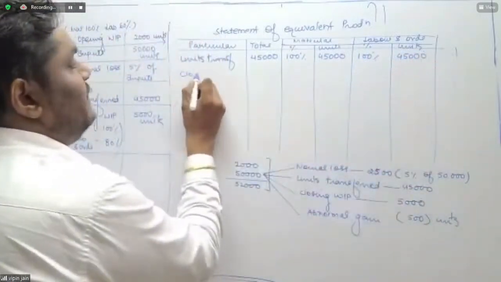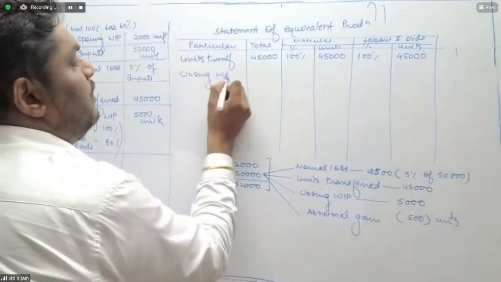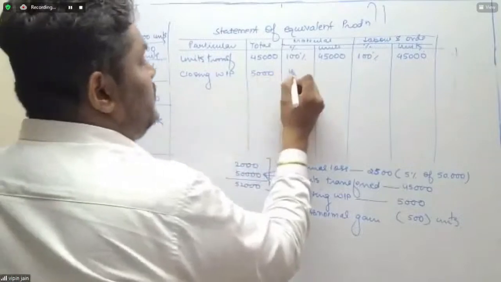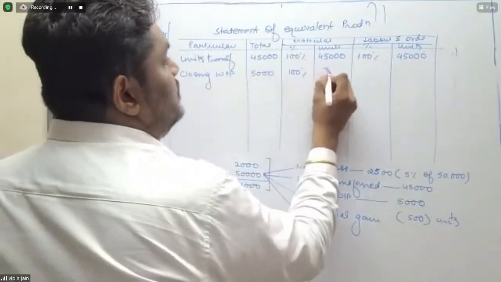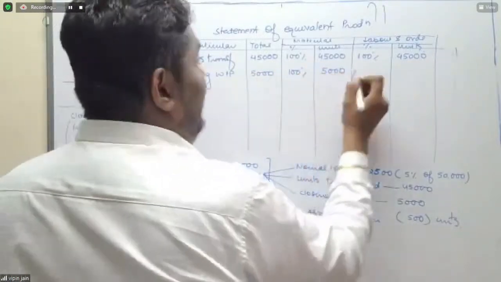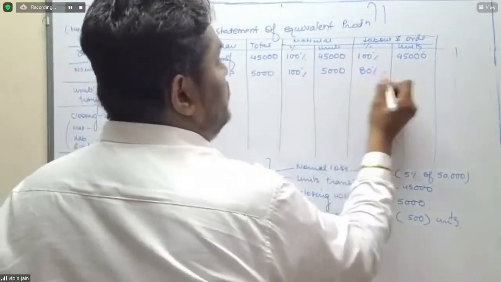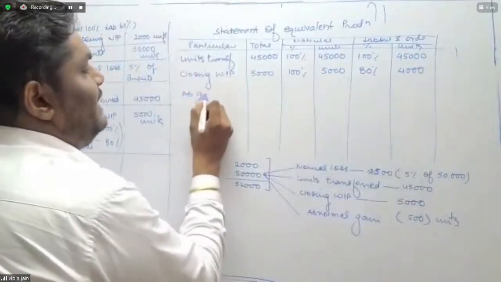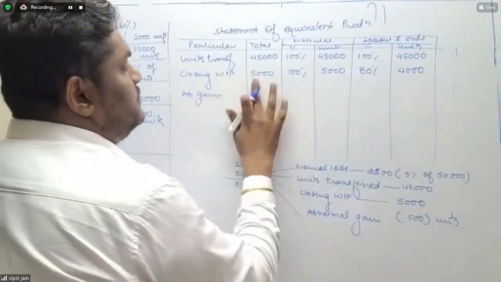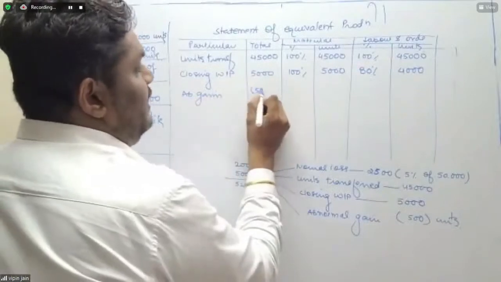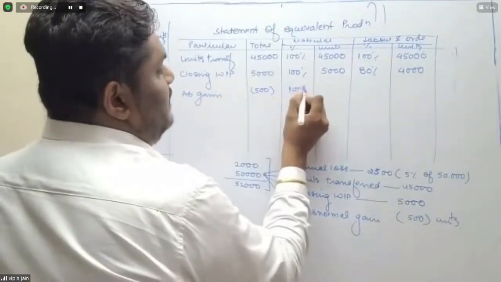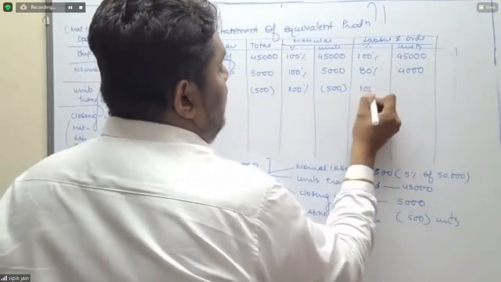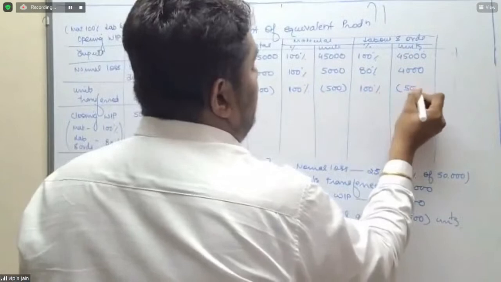As far as closing work in progress is concerned, it is 5,000, and material is processed 100%, so it will be 5,000, and labor and overheads are processed up to 80%, so 4,000. Since abnormal gain is given in the question, it will be reduced, that is 500 units, and since it is 100% complete, minus 500, 100% minus 500.